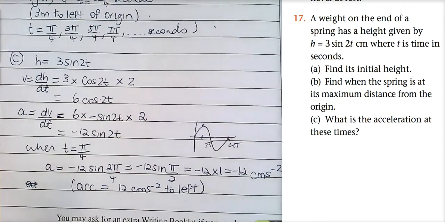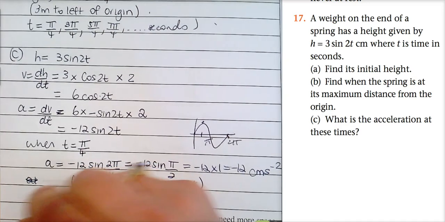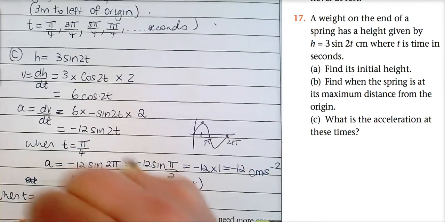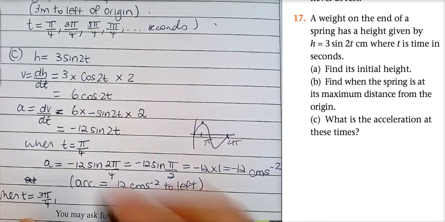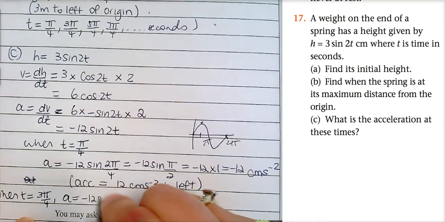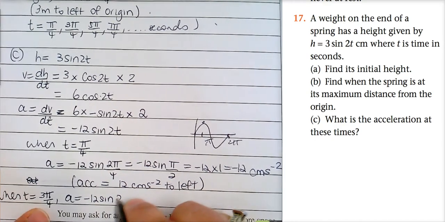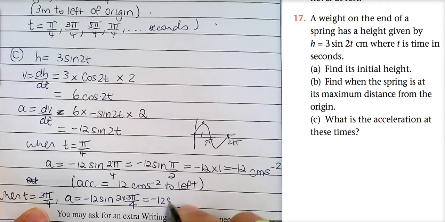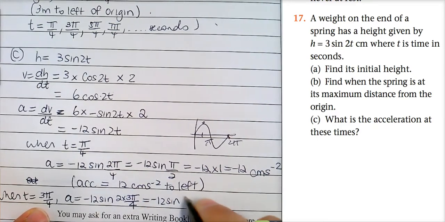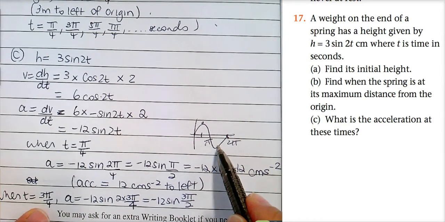All right, you got that? And then when t is, what's the other one? When t is, I think 3 pi on 4 was the next one. Acceleration is negative 12 sine 2 times 3 pi on 4. That's negative 12 sine 3 pi on 2. 3 pi on 2 is here. What's that?